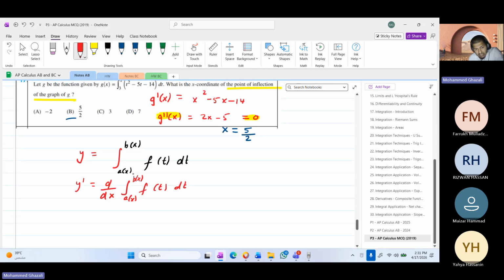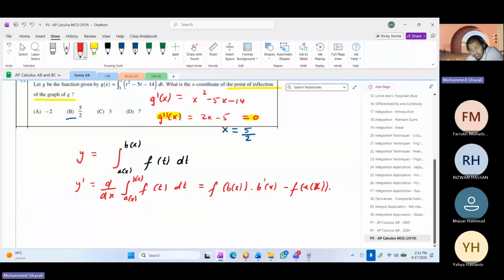I need to substitute the upper boundary inside the function. So it'll become f of b of x times the derivative of b of x, then substitute the lower boundary inside, minus f of a of x times the derivative of a of x. So let's look at the example that you had.